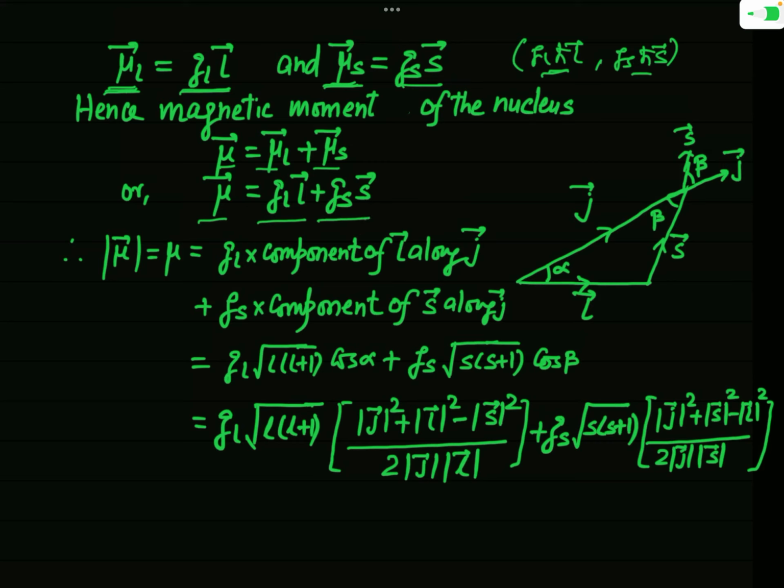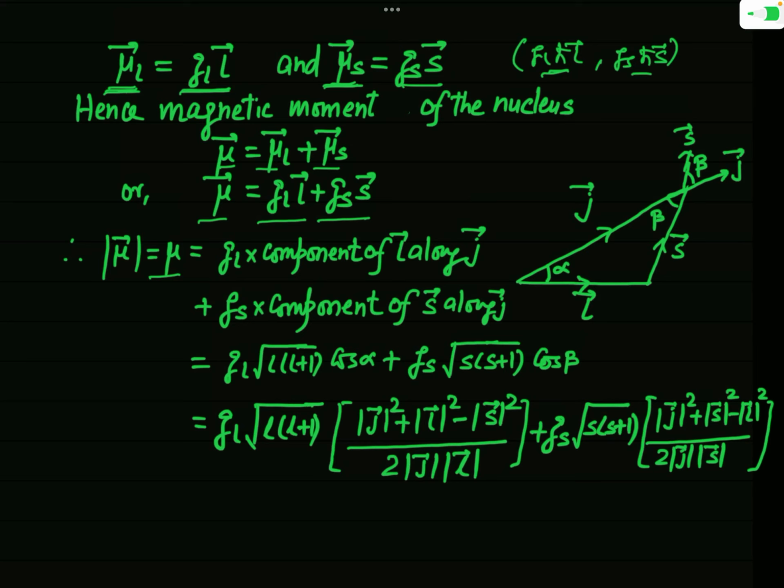Okay. Now if you want to find the magnitude of this total magnetic moment mu, how can you find it? There is a simple technique to find the magnitude of this resultant magnetic moment mu.